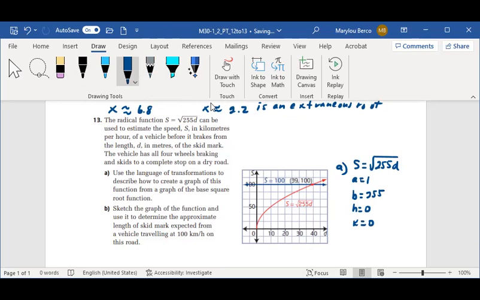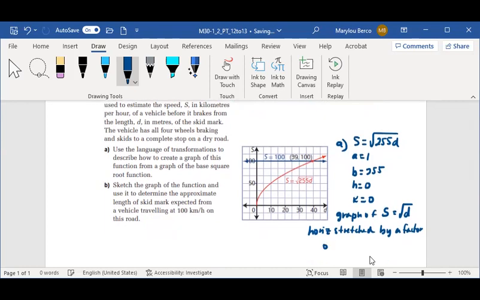So the graph of S equals root D is horizontally stretched by a factor of 1 over 255.